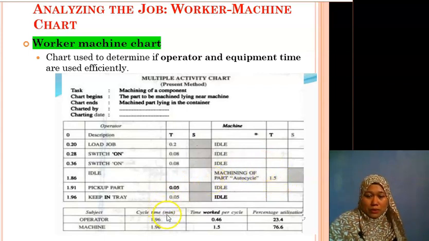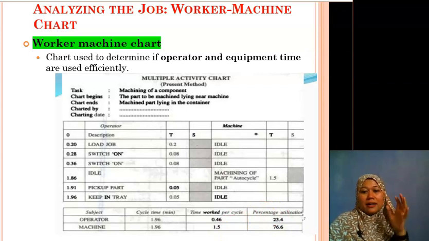So when we add up all the minutes and do the percentage, we know that 23.4% of the time is done by human, and 76.6% is done by machine. So if you invest in a very expensive machine like CNC, you need to have a higher utilization of the machine rather than human.